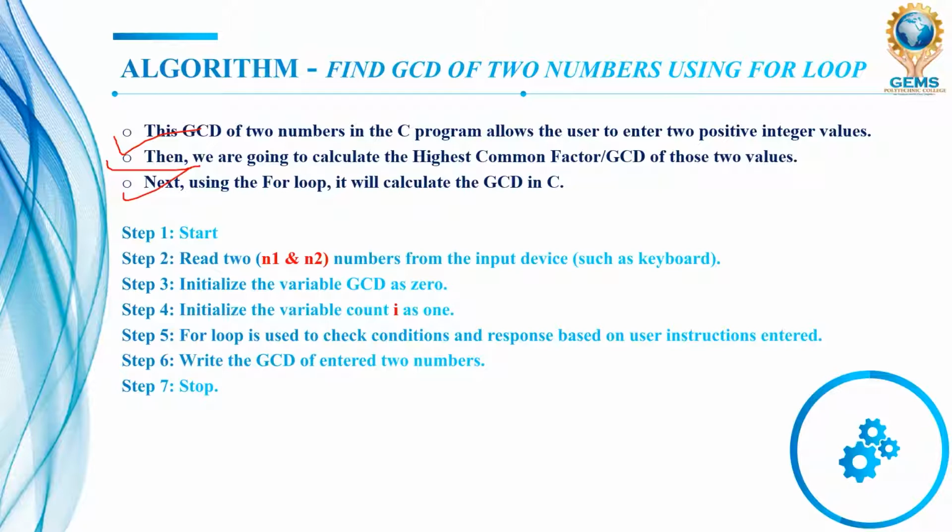Now we are going to write the steps of the algorithm. Step 1, we will start the program. Step 2, we are going to get two numbers n1 and n2 from the user through the input device.